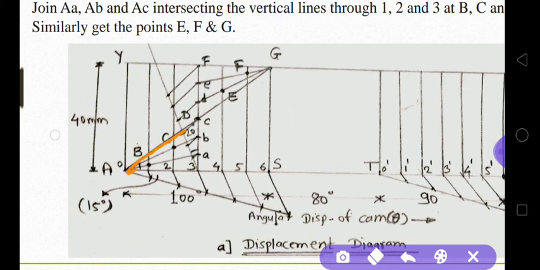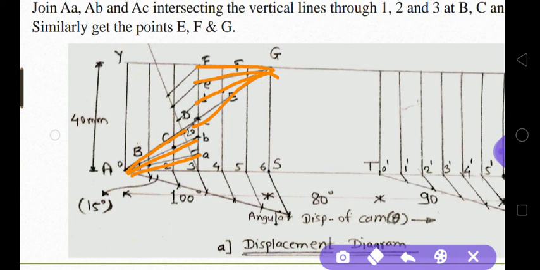Similarly from A I will join this B point on this vertical line. From A only I will join this A point on the vertical line. Similarly from this G point, I will join this C point, I will join this D point, I will join this E point, and I will join this last F point. This is already joined.